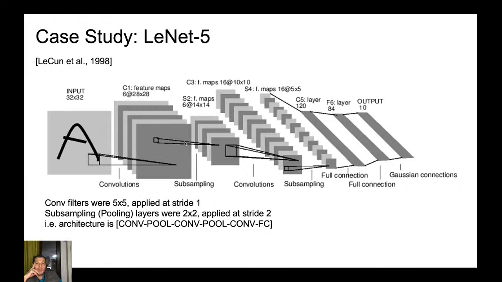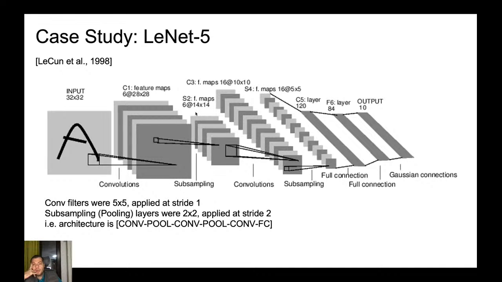Then we have this subsampling operation, and this is actually a pooling layer. Initially it was called subsampling. In this LeNet architecture, the subsampling was based on average pooling, not on max pooling. Max pooling was introduced later.